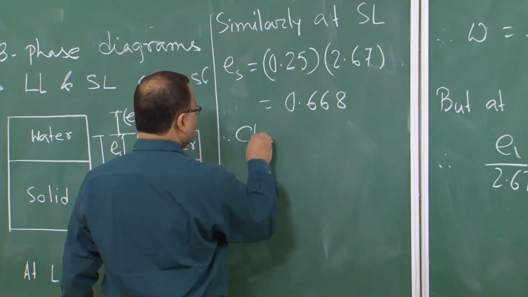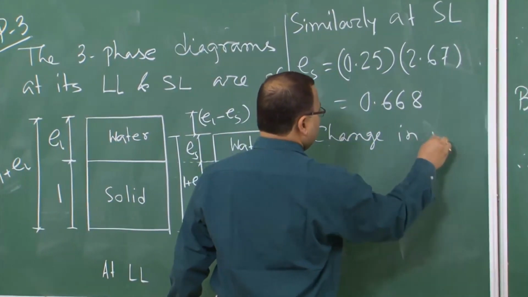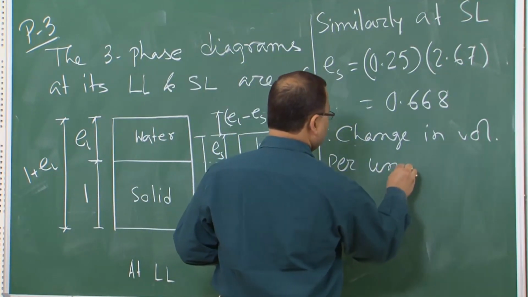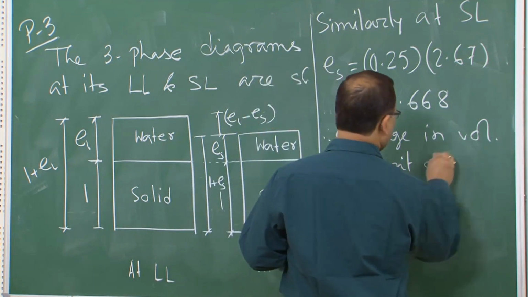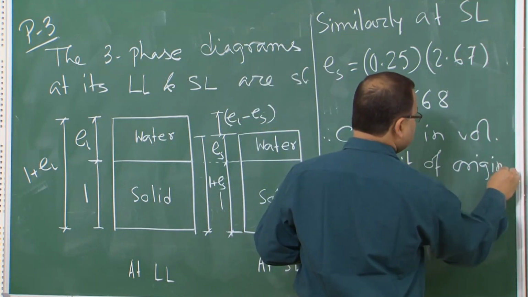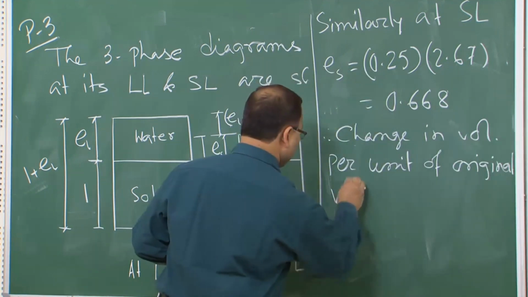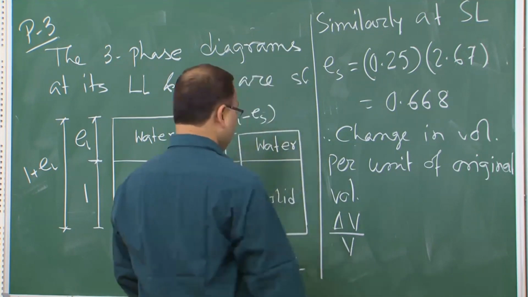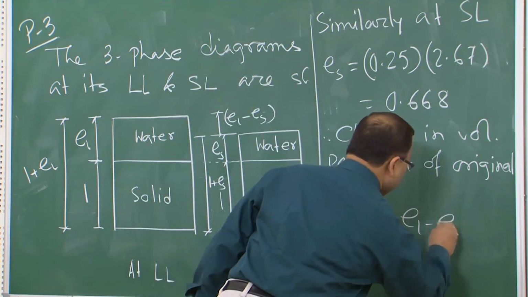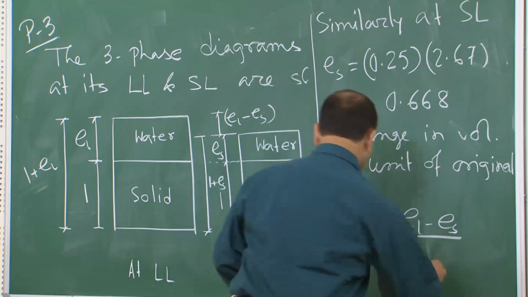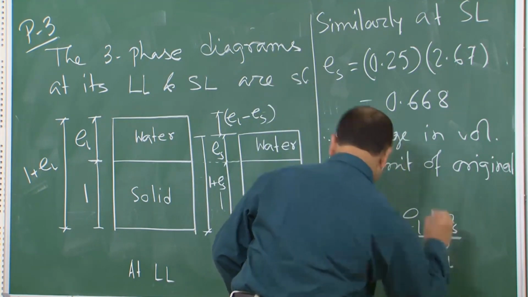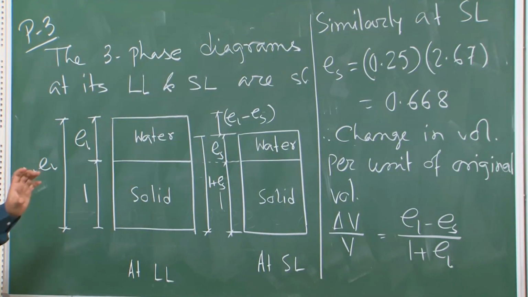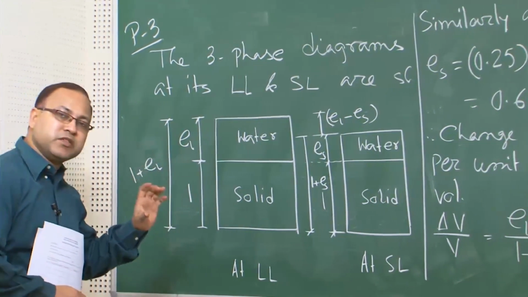Therefore, the change in volume per unit of original volume is nothing but delta V by V, which is nothing but (EL minus ES) by (1 plus EL). So, what is your delta V? That is the change in volume. What is the expression of change in volume?